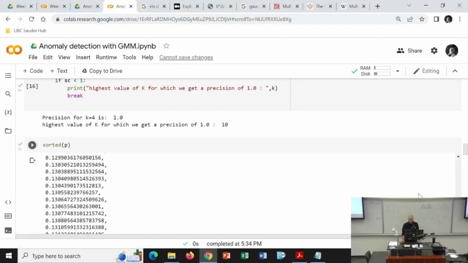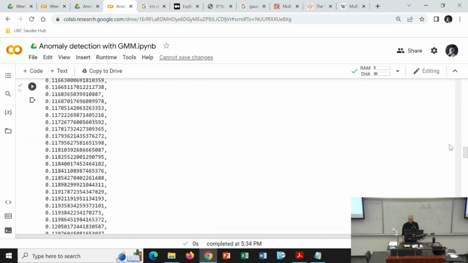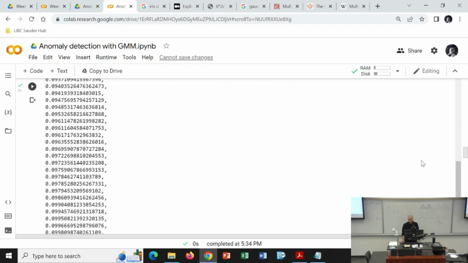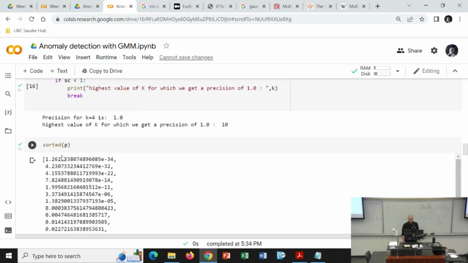The smallest value we have is at the beginning of this. You may remember we had something times 10 to the minus 34. It is sorted. So when we say we pick the 4th smallest value, it means we pick this as the threshold, right? Therefore, we're going to pick this and this as outliers, and then everything else as normal.